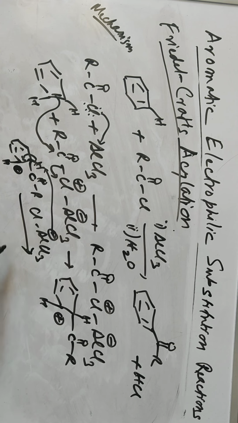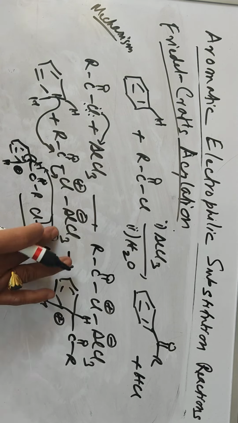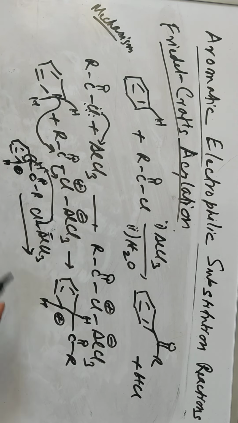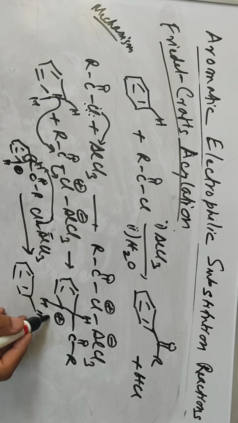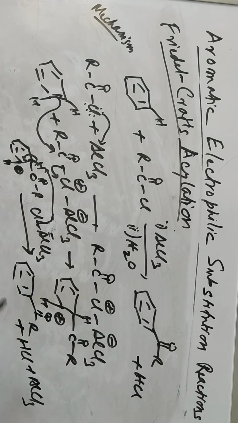You can write it this way. From the HCl formed, we then get the product, the carbonyl group, ketone, plus HCl plus aluminum chloride. So this is the general mechanism of the Friedel-Crafts acylation reaction.